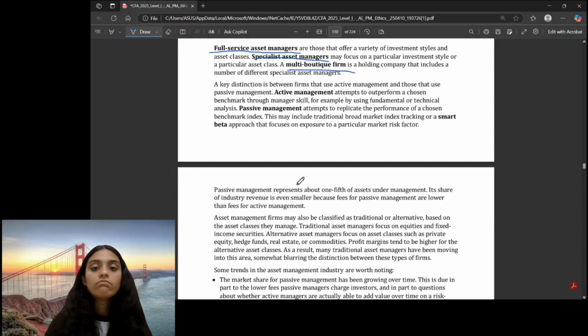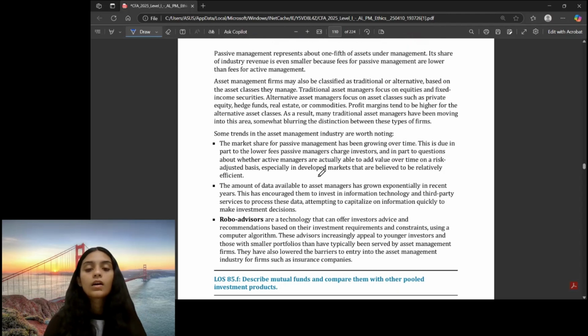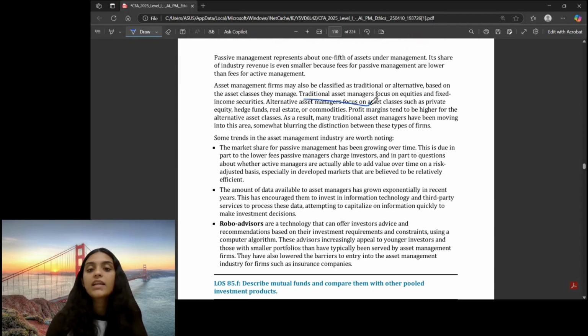Then we have learned active management and passive management before, and also smart beta. It is the same as beta. Then there are traditional asset managers, who focus on equities and fixed income securities, for example, FDs.